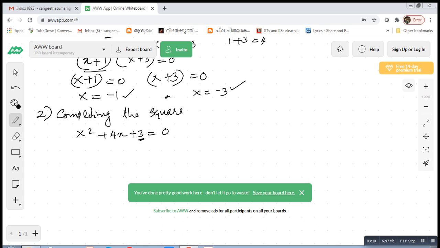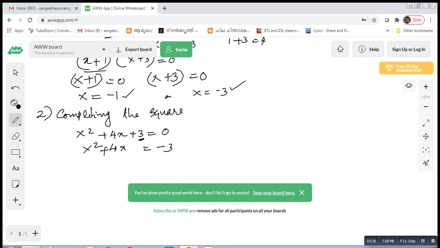So we'll eliminate this constant term by subtracting the constant term from both sides of the equation. What is the constant term here? It's plus 3, right? So we'll subtract 3 from both sides of the equation. So you'll get x square plus 4x equal to negative 3. If you are subtracting 3 from 0, you'll get negative 3.